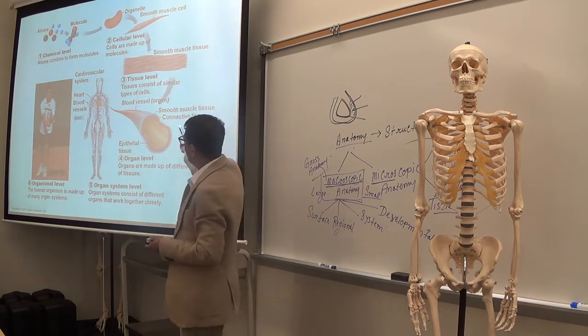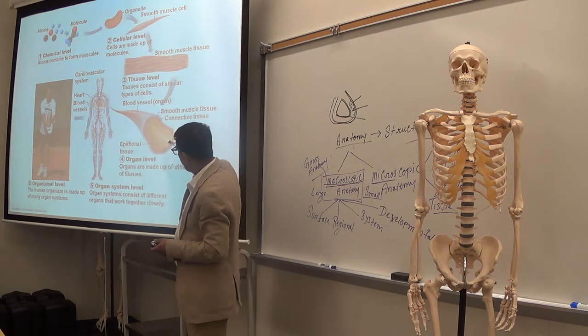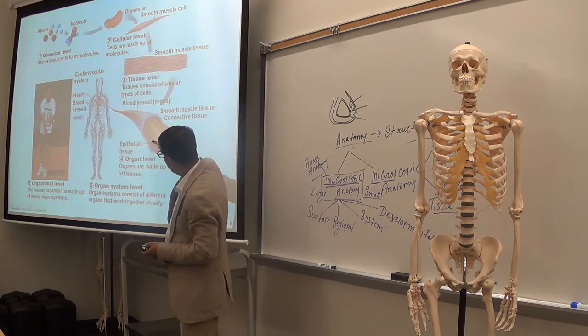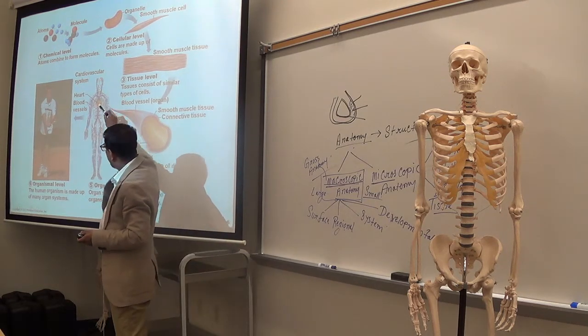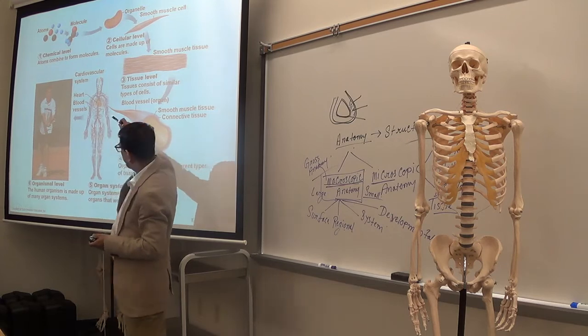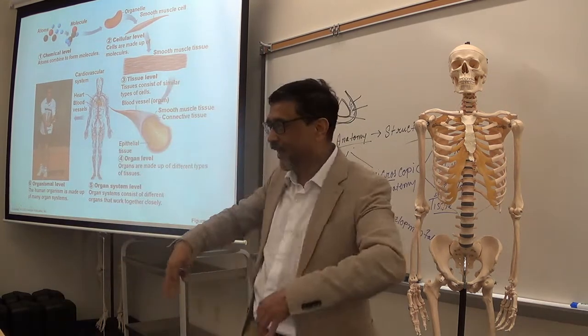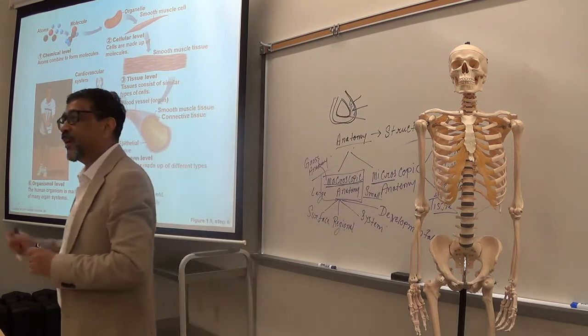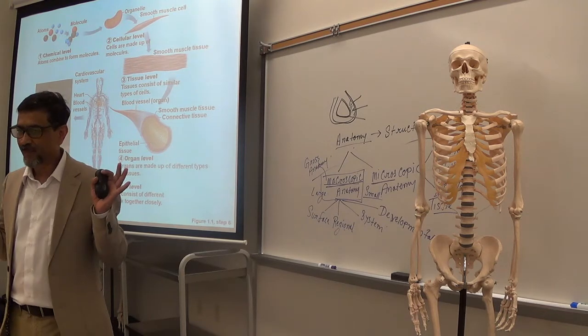Then the organ, different tissues: outer connective, middle muscle, inner epithelial tissue. And then organs work together to form a system, and 11 systems join together to form the whole body, which is called the organism. The organism is the whole body, okay?